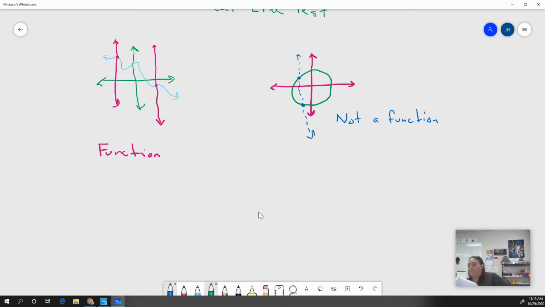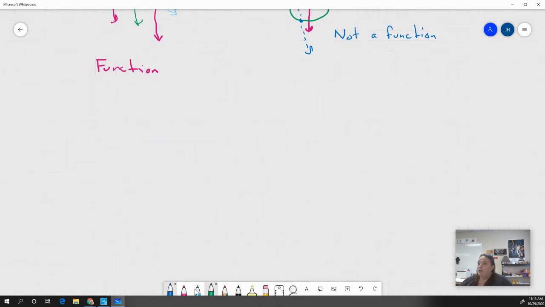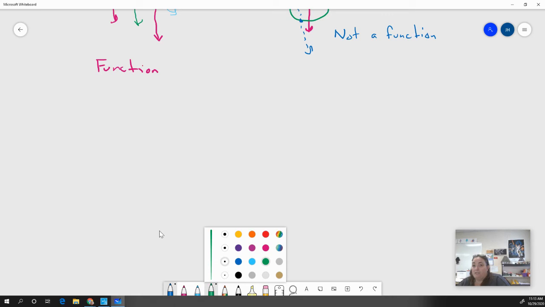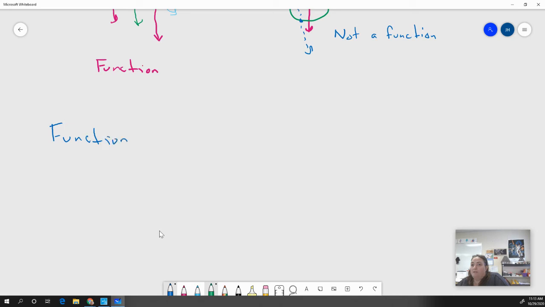What else we got for you? Oh, we want to talk a little bit about function notation. When we're talking about function notation, I know I went over it a little bit up above in your definitions, but function notation, you see a lot of this.